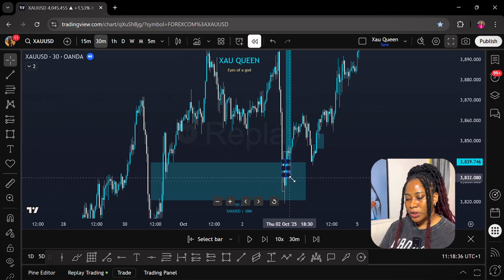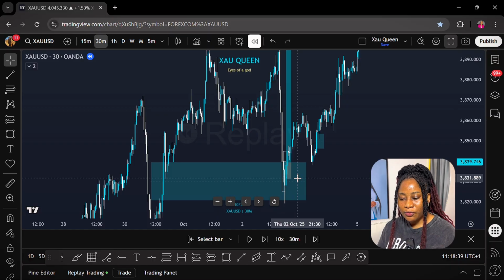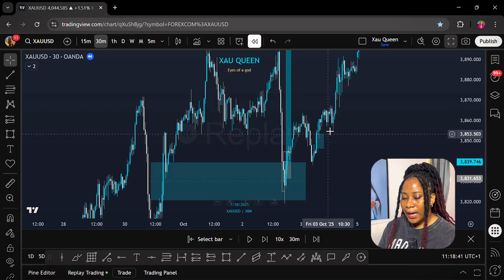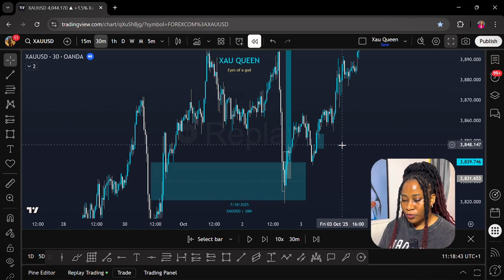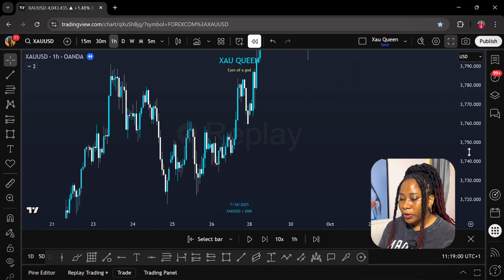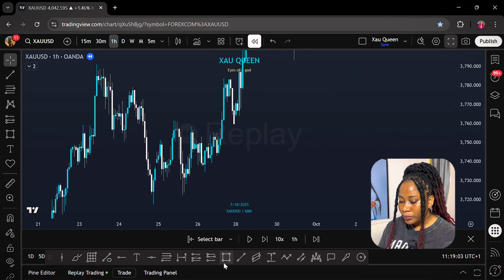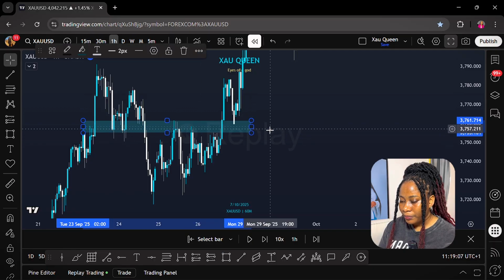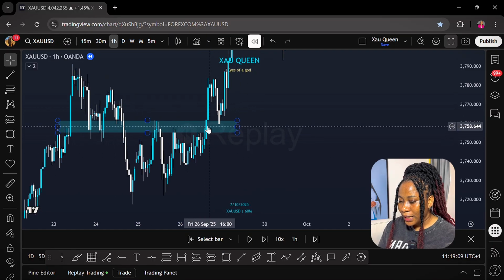Since we've gotten a confirmation here that the momentum has shifted from the bearish side to the bullish side, I could as well use my FVGs to follow. I didn't take this trade, but you know, this was an area of resistance here, and it's overlapping with the 1 hour FVG.